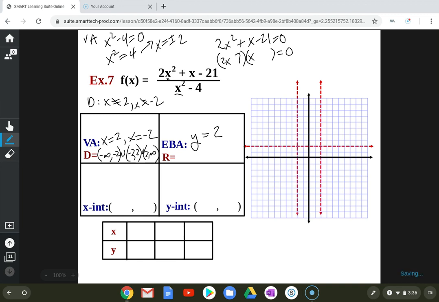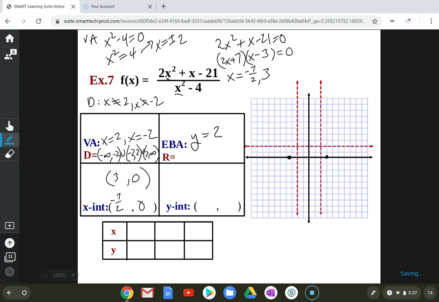If we do a plus 7 and a minus 3, our inner and outer becomes 7x minus 6x, which works. So if we set each of these equal to 0, we get negative 7 halves or positive 3. So our x-intercepts are negative 7 halves, 0, and 3, 0. If I sketch those, I've got 3, 0, and negative 7 halves is negative 3 and a half.